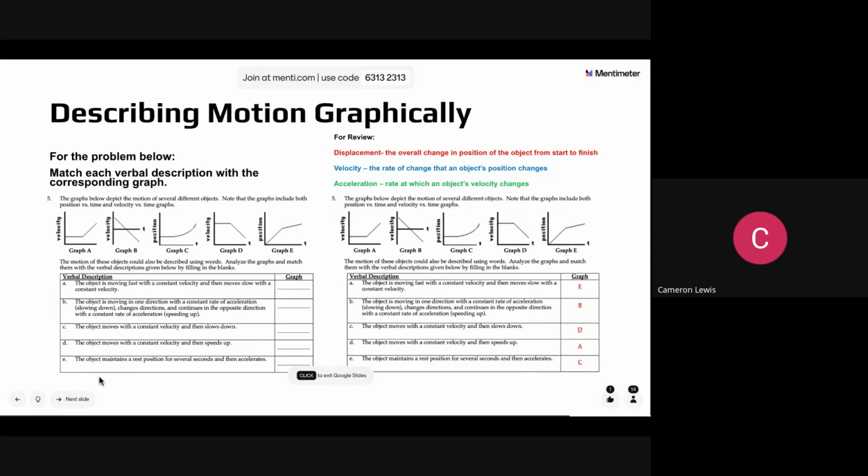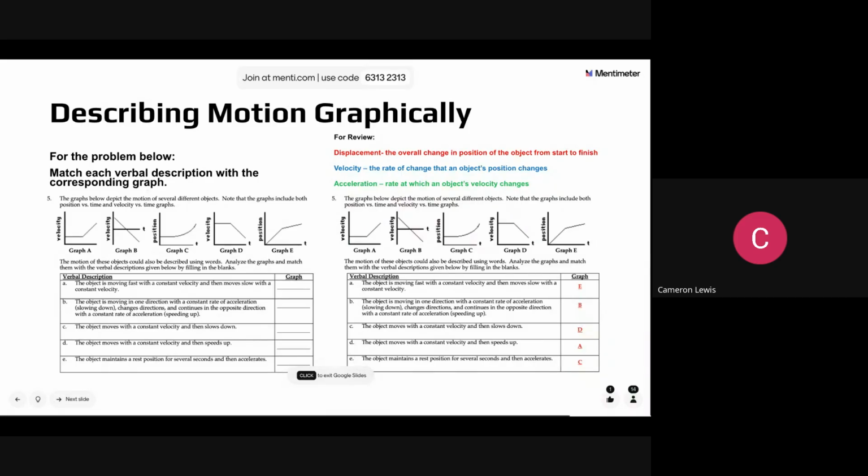For the first one, we have the object is moving fast with a constant velocity and then moves slow with a constant velocity. Am I reading that right? So what's happening in the first one? Moving fast, remember, constant velocity.